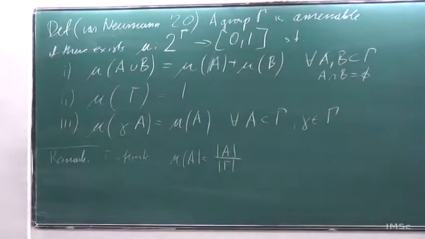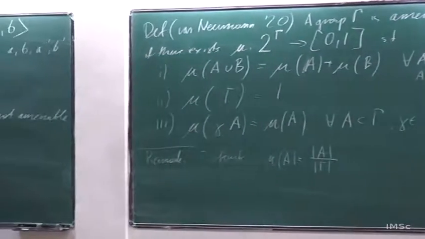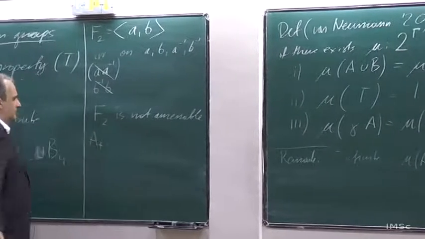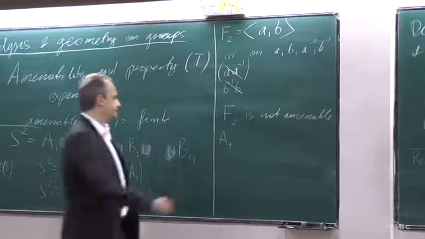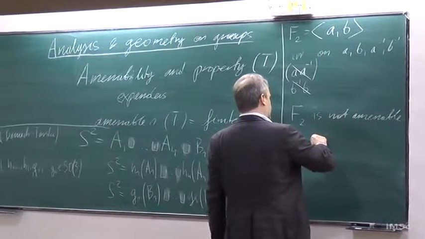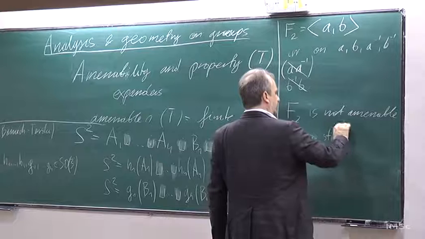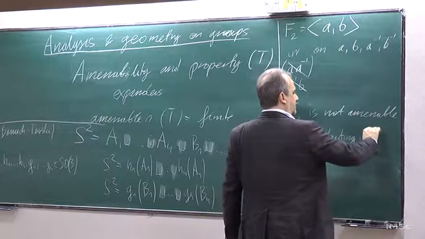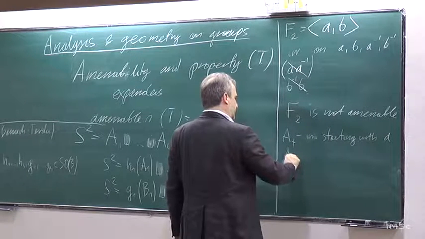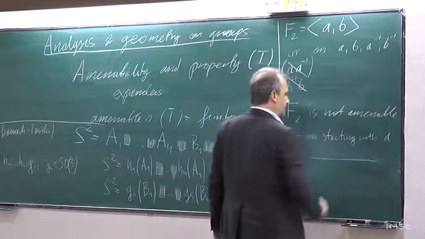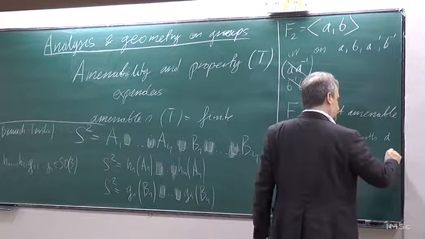Okay, so let us consider a subset of F2, A plus, consisting of words which start with A. So these are irreducible words starting with A. Okay, and similarly A minus, let it be the subset of words starting with A inverse.